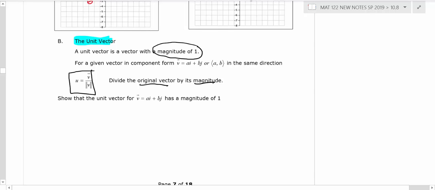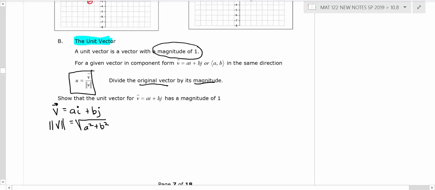What I'm going to do is prove to you that when we get a unit vector for this, that'll have a magnitude of 1. Okay, so let's write this down now. Let's say that we have a vector v, which is ai plus bj. Well, we know that the magnitude of this vector v is the square root of a squared plus b squared.